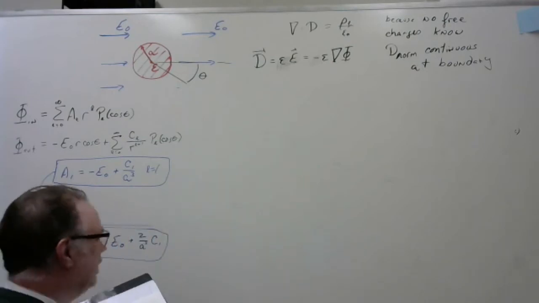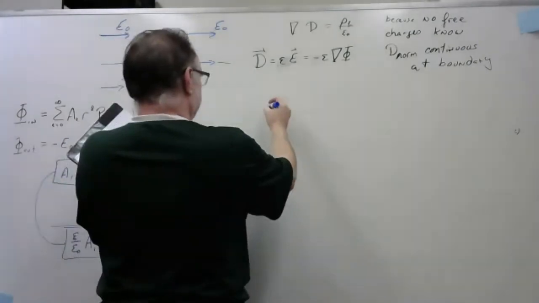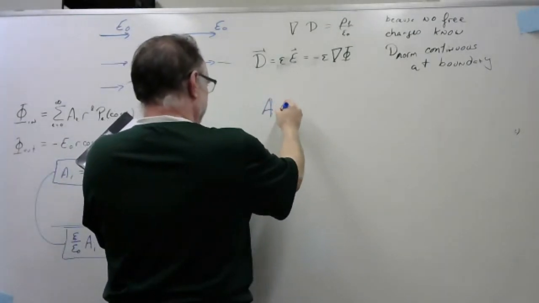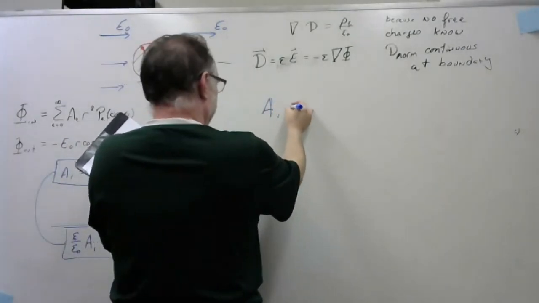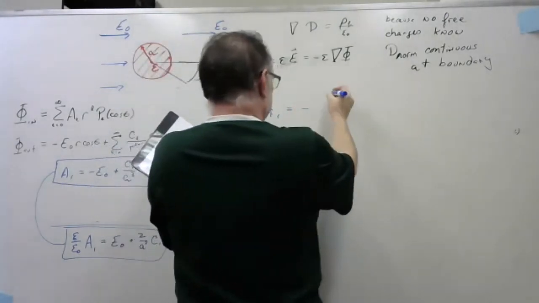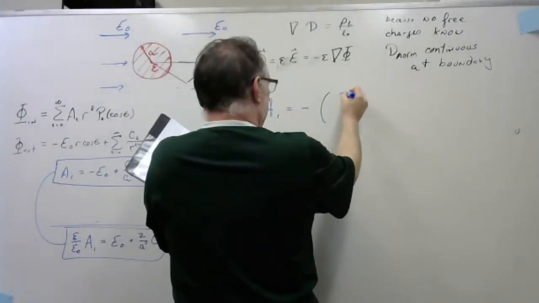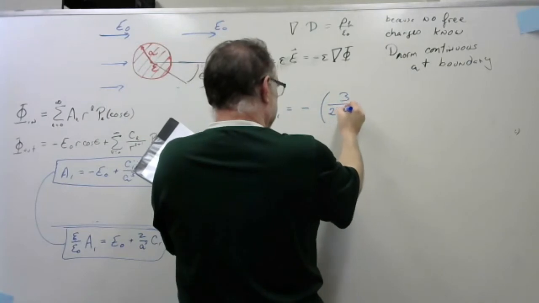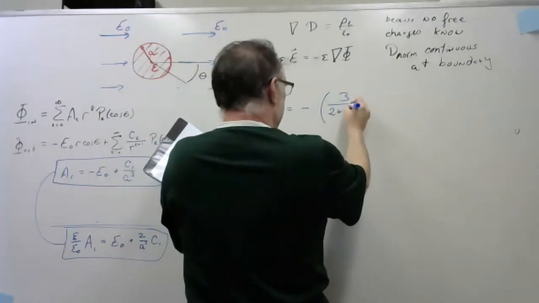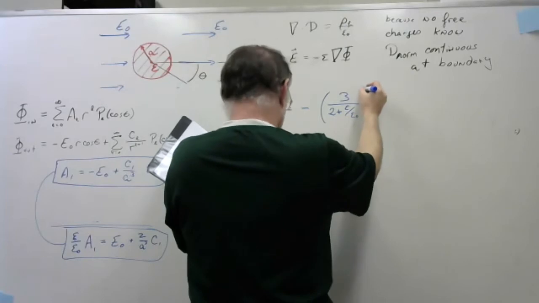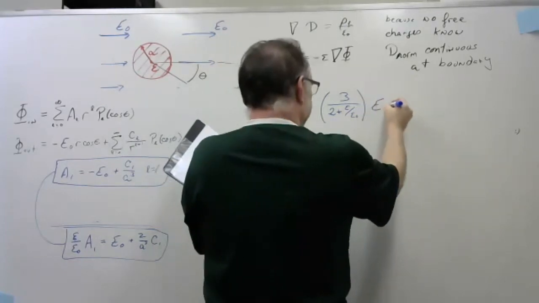So you get A1 is negative 3/2 plus epsilon over epsilon naught times E naught.